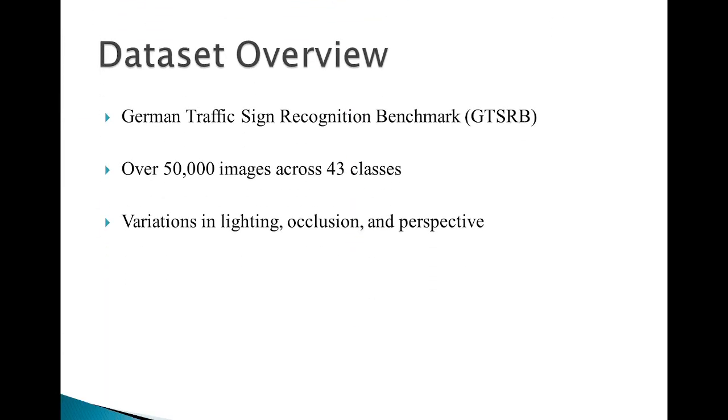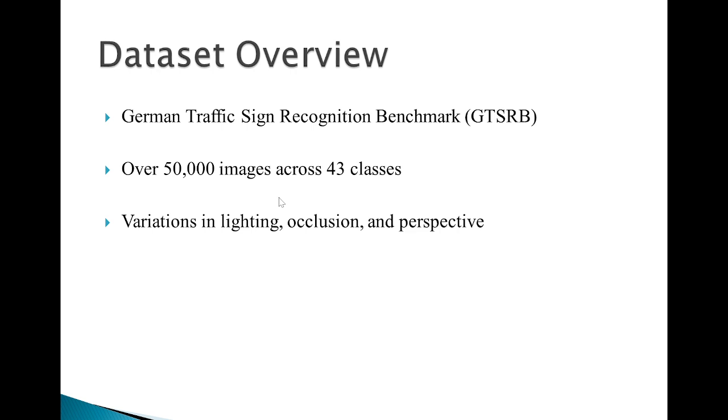So here is the dataset overview. GTSRB means German Traffic Sign Recognition Benchmark, and there are almost 50,000 images and almost 43 class labels. Why is this dataset special?